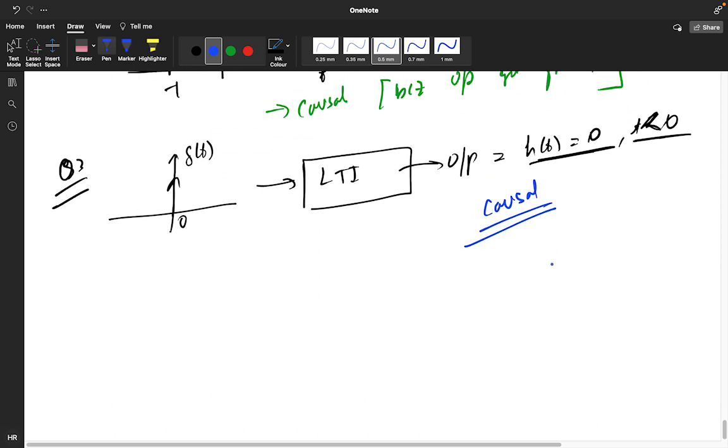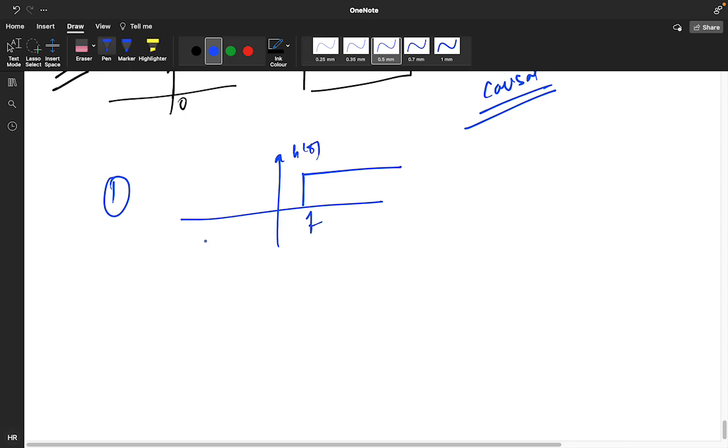They are asking, question 1, you have an h of t and the graph is like this. So your h of t is 0 for t lesser than 0. So what kind of system is it? Causal system, directly write it. And if anyone asks you to find y of t, what will you do? y of t is equal to x of t convolution with h of t.